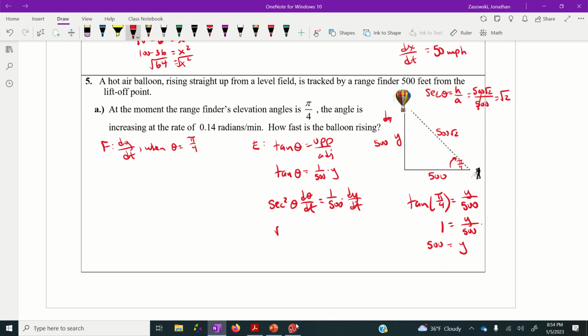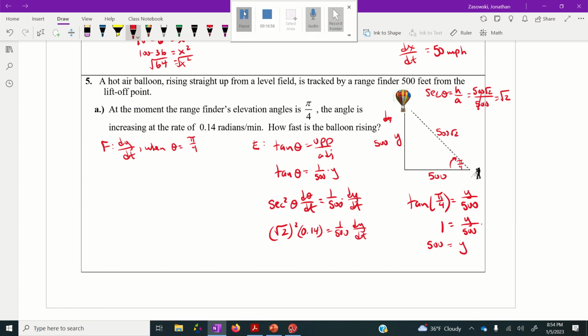So it's the square root of 2, secant theta, squared, times d theta/dt, which is 0.14, is equal to 1 over 500 times dy/dt. Okay, square root of 2 squared is just 2. So 2 times 0.14 is 0.28.